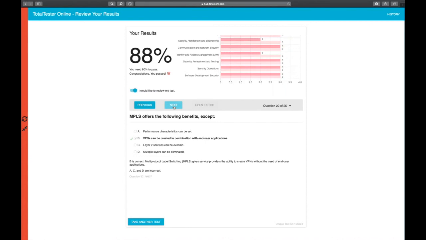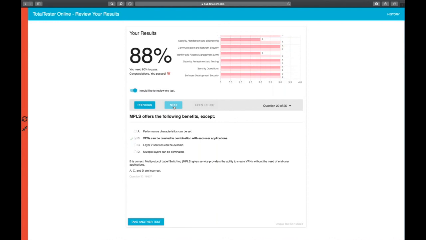Number 22, MPLS, multi-protocol label switching, gives service providers the ability to create VPNs without the need of end-user applications.